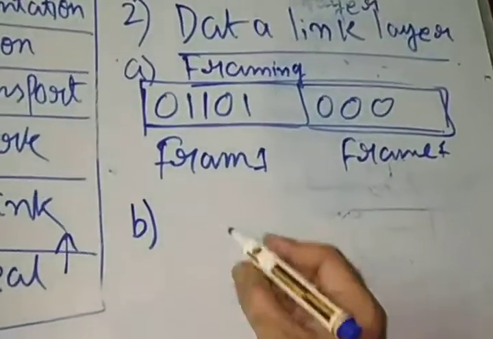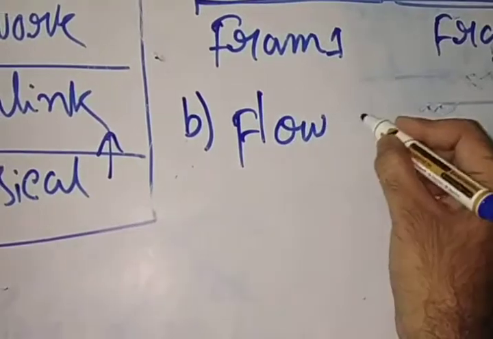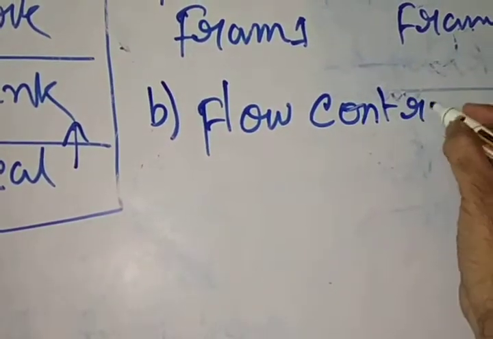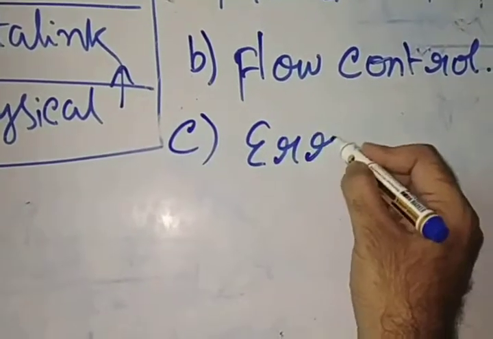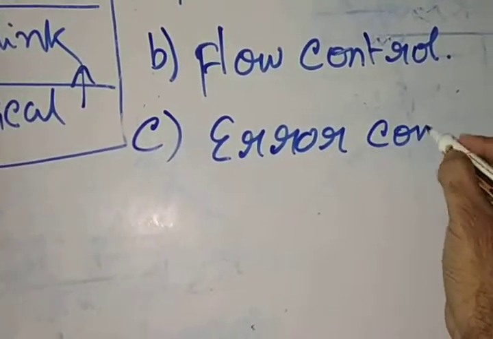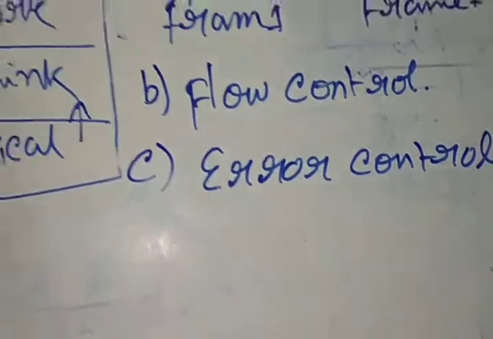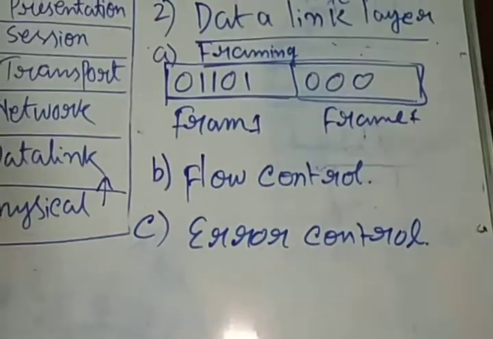The second one is called flow control. Flow control mechanism and error control mechanism are very important functions of this data link layer.